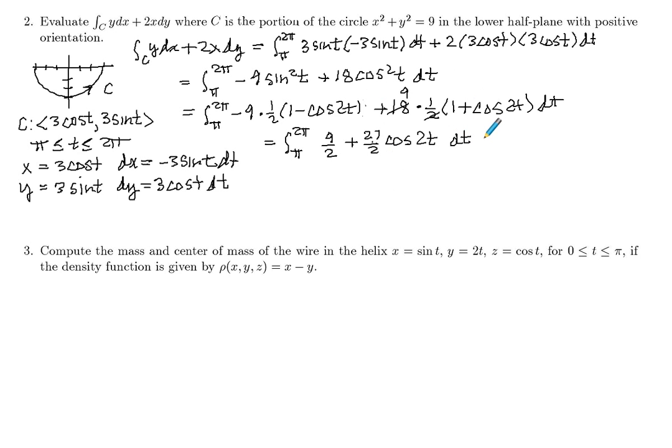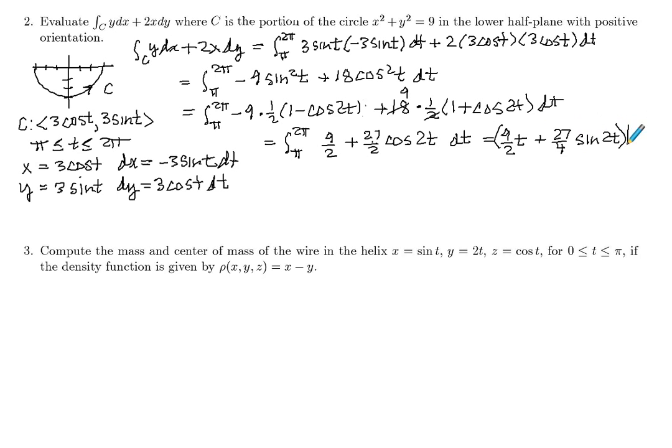And now we can do an antiderivative. So here our antiderivative is 9/2 t, and then plus the antiderivative here, which is going to be 1/2 sine 2t times our 27/2 out in front. That'll be 27/4 sine 2t.